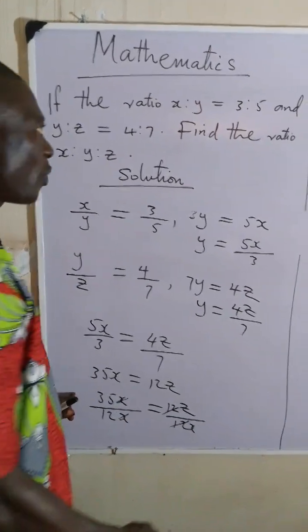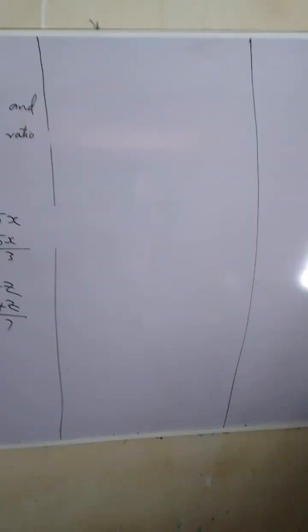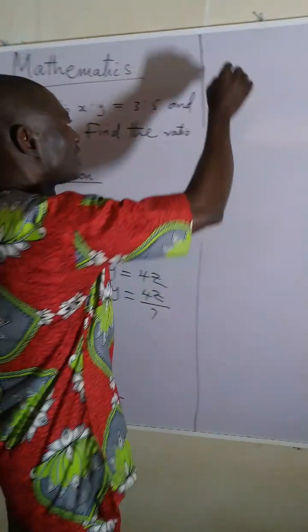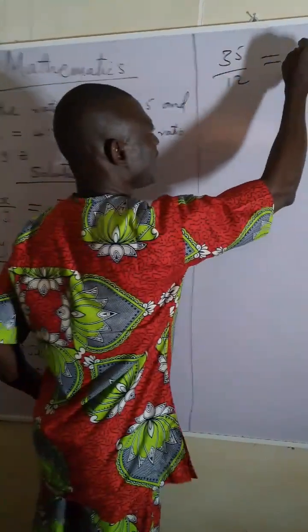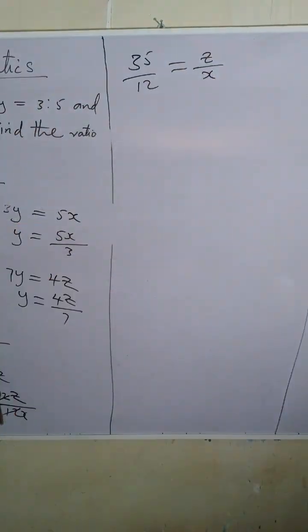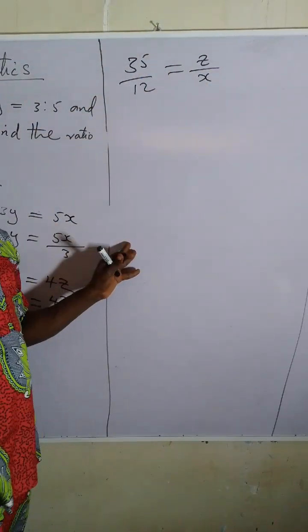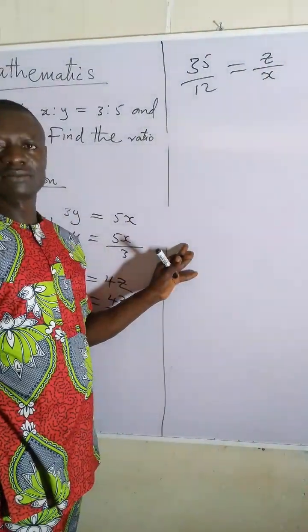And so, what we have seen here is that 35 over 12 is equal to z over x. What does it mean? It means that 35 is for z and 12 is for x.